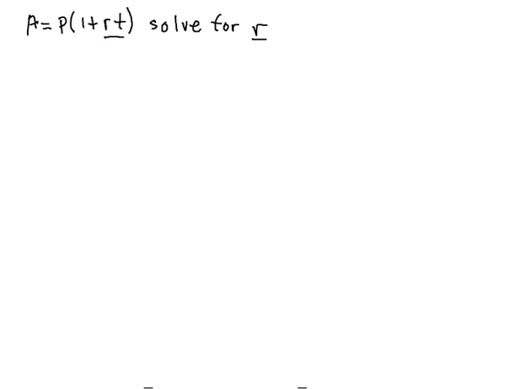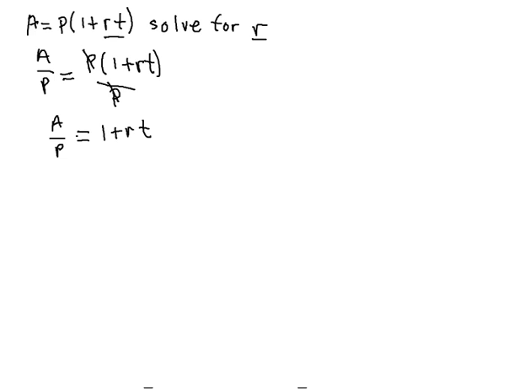One way we could do that is just divide both sides by P. So we'll say A over P is equal to P times 1 plus RT over P. And what is P over P? P over P is 1. So we simply have A over P is equal to 1 plus RT.